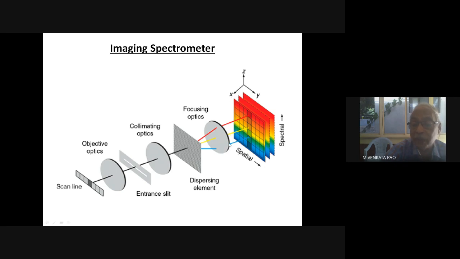This is the spatial dimension; you get two-dimensional spatial, and in the vertical direction you get lambda. Each line will first see blue, let us say, next green, like that. So you will get 200, 300 band images for a given scene, let us say some 100 by 100 kilometers or whatever it is. You will have 200 images like that.